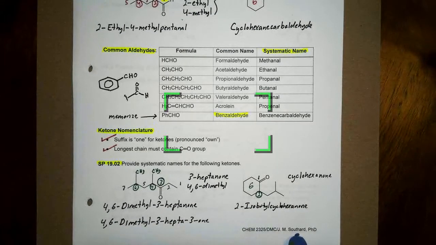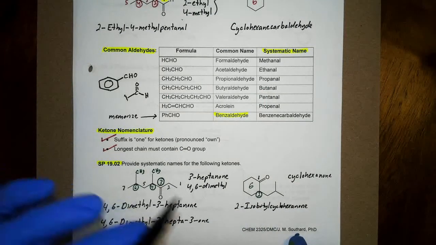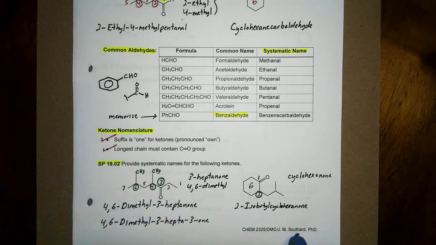Okay, you can barely see my O there. That's 2-isobutylcyclohexanone. And of course, you could also call this a 2-methylpropyl group if you preferred. Irrespective of that, this is a perfectly acceptable systematic name for a ketone.